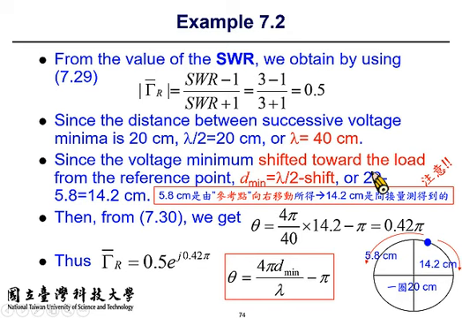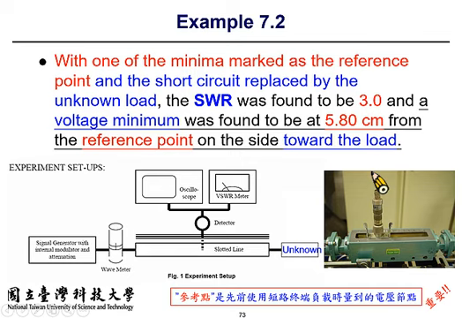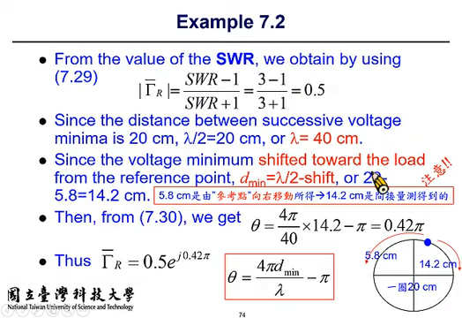Alright, from the SWR measurement result, the SWR value is 3, which means the magnitude of the voltage maximum is about 3 times the voltage minimum. And the distance between successive voltage minima is 20 centimeters, which suggests the wavelength is 40 centimeters.